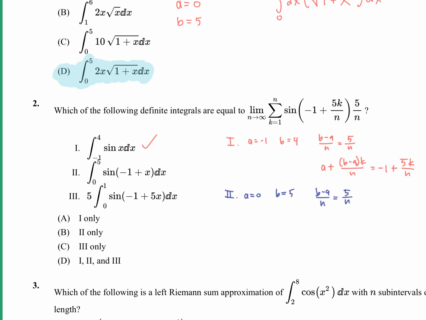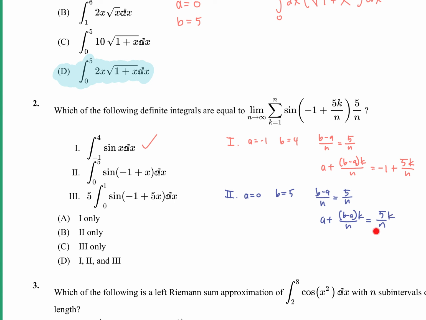Okay, and then here our a is 0, so if we do a plus (b minus a) over n times k, we get 0 plus, so we just get b minus a over n, which is 5 over n times k.